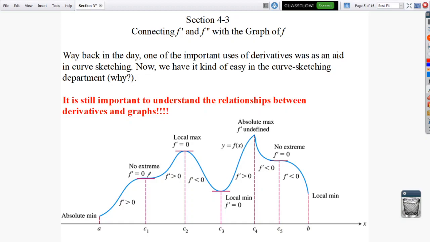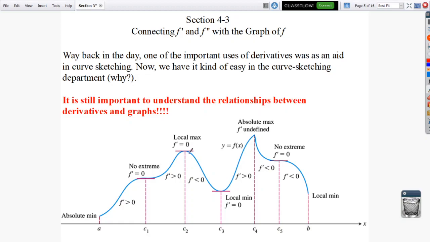We can actually see at C2, we have again f prime equal to 0, but this time f prime changes from positive to negative. That's how we know that we have a local extreme value. The local extreme value happens to be a maximum because we go from f prime being positive to f prime being negative.